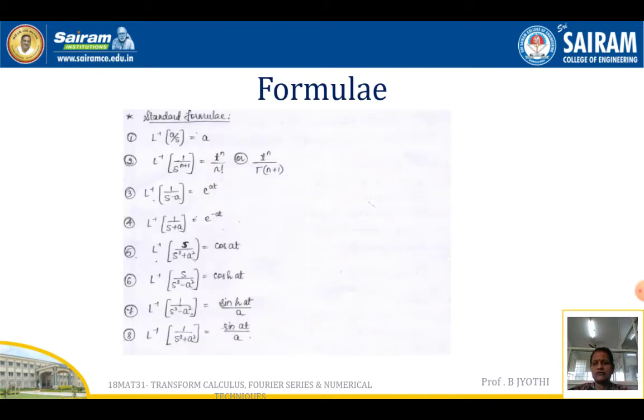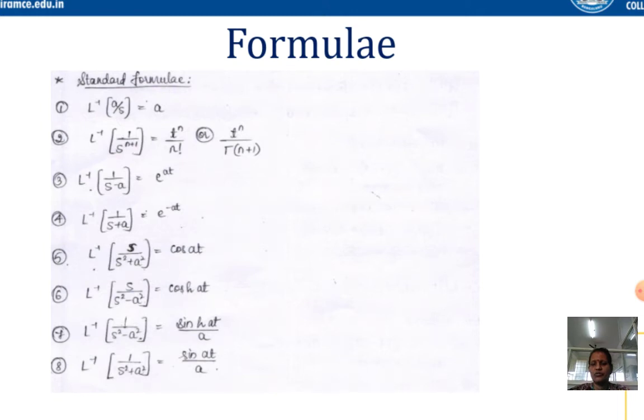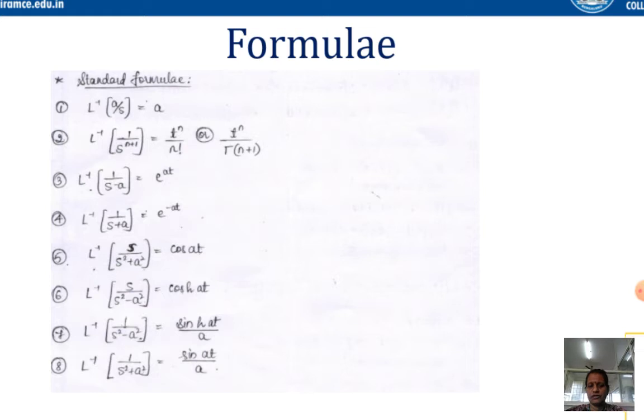The standard formulae for this are L inverse of A by s, where A is a constant, is given by A, and the second one is L inverse of 1 upon s to the power n plus 1 is t power n by n factorial or t power n by gamma n plus 1. This is the second formula.